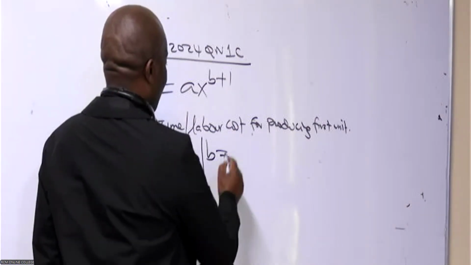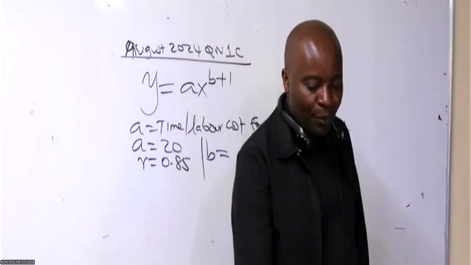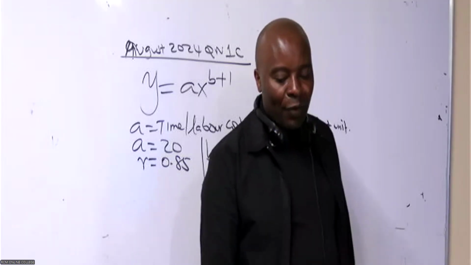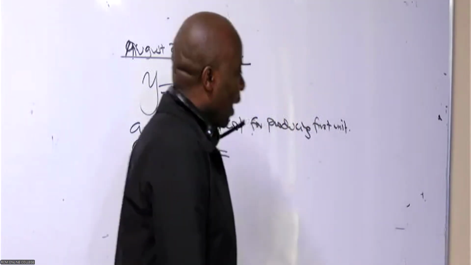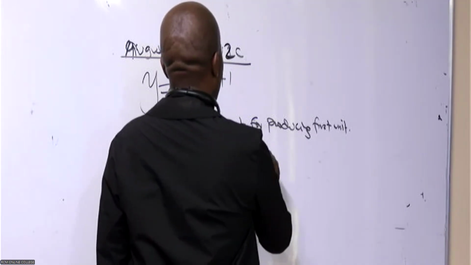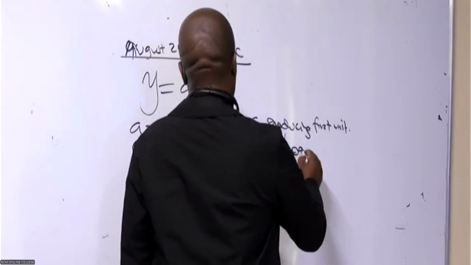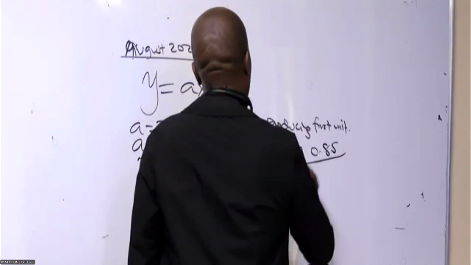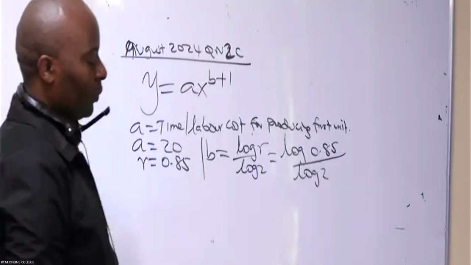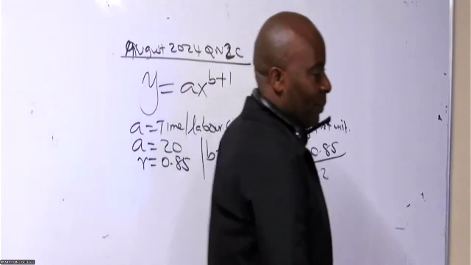Are you able to remember the formula for getting B? B equals log R over log 2, isn't it? Yes, it is log R over log 2, which will be log 0.85 over log 2. You see now, even if I never knew anything to do with transfer pricing, your examiner is very lenient.